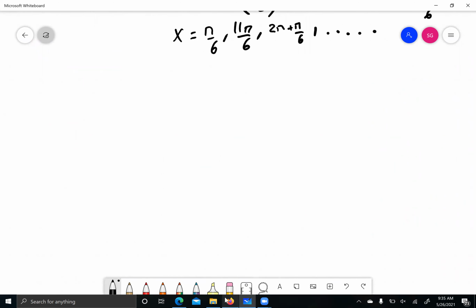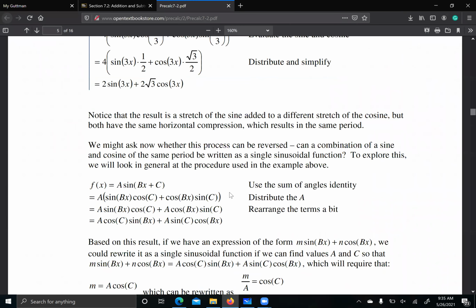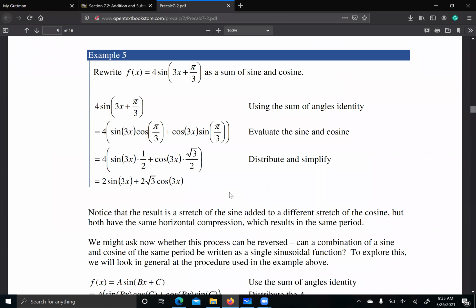So now let's look at example 5, which says rewrite this function as a sum of sine and cosine.